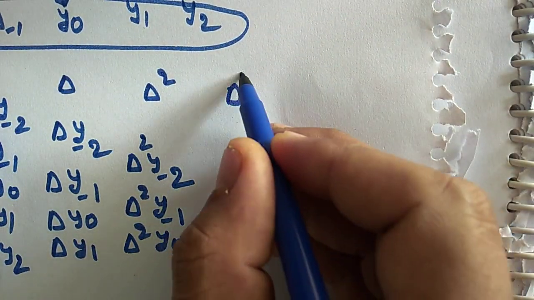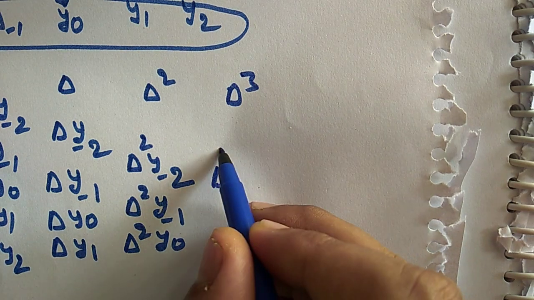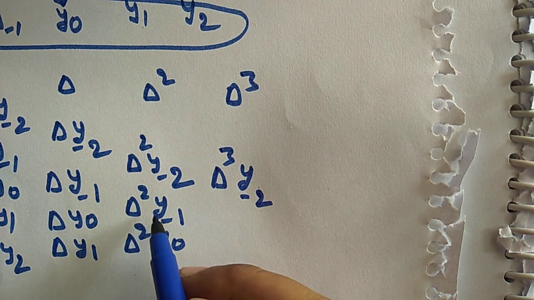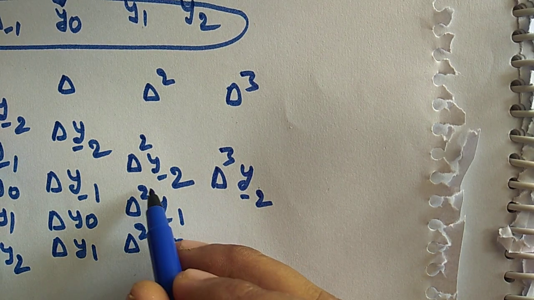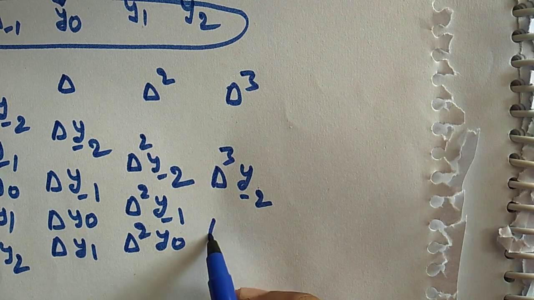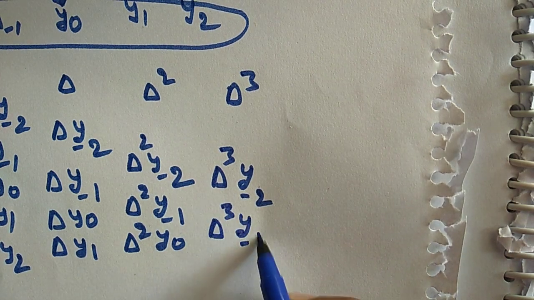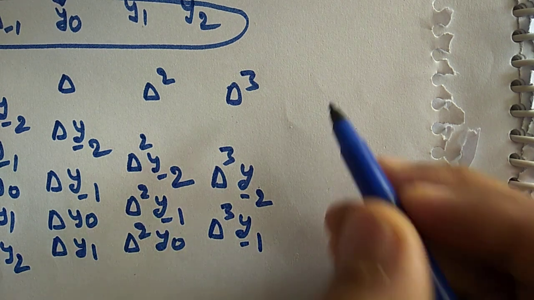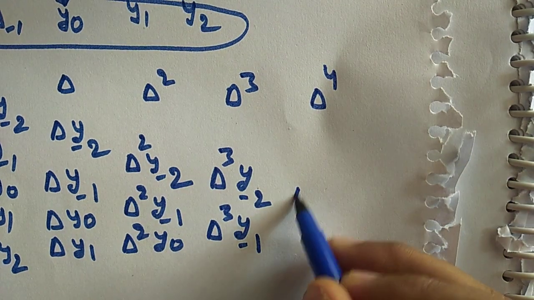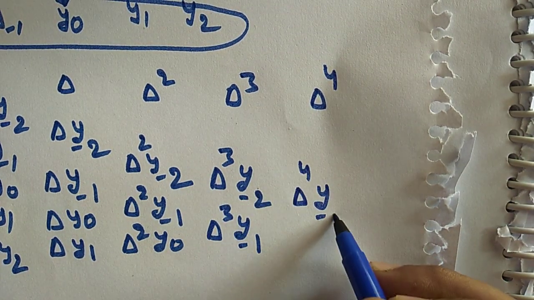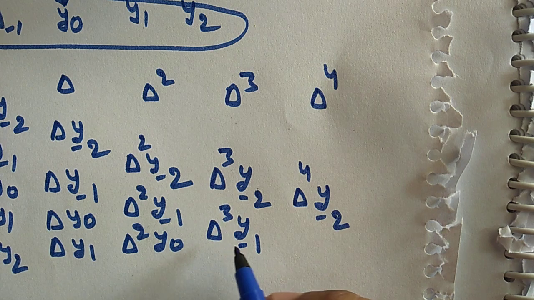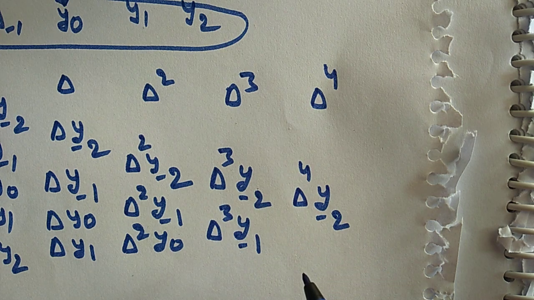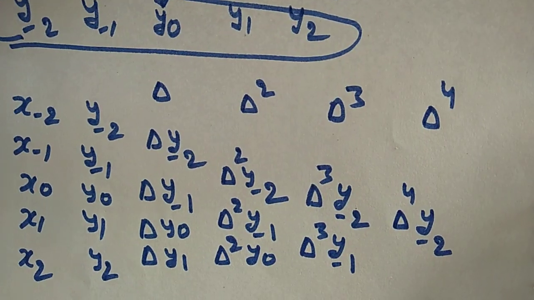Then we have delta cube: delta cube y minus 2 equals delta square y minus 1 minus delta square y minus 2. And delta cube y minus 1 equals delta square y0 minus delta square y minus 1. Delta power 4 y minus 2 equals delta cube y minus 1 minus delta cube y minus 2. So this is your central difference table.